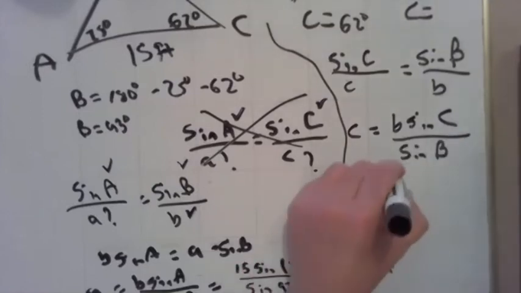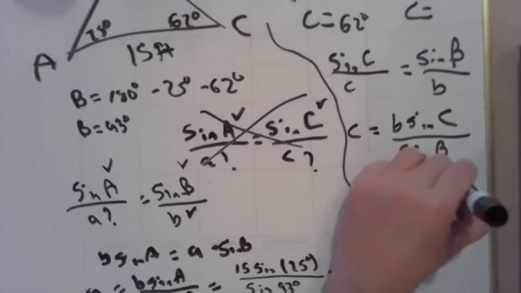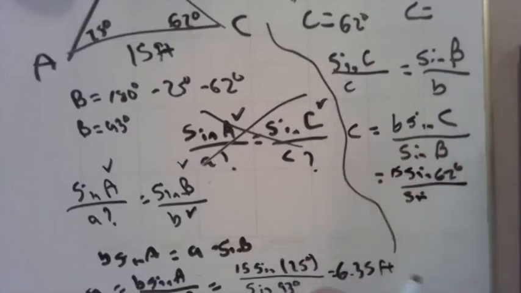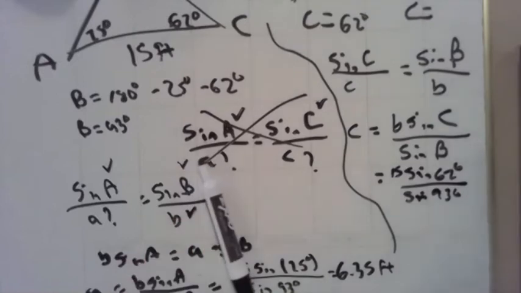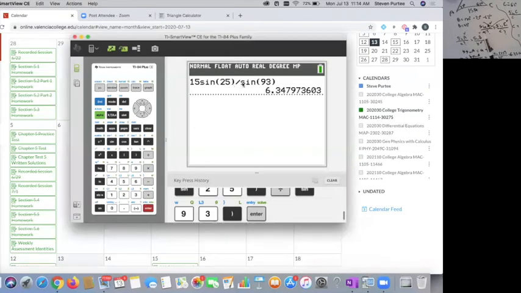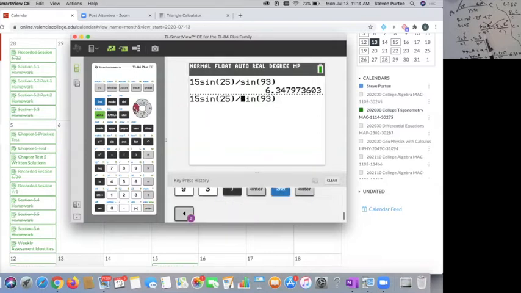So this is 15 sine 62 degrees over sine 93 degrees. So I'm lazy. I don't feel like typing all that out again. I'm going to go back up into this expression. I'm just going to hit second entry right there and change that 25 to a 62.